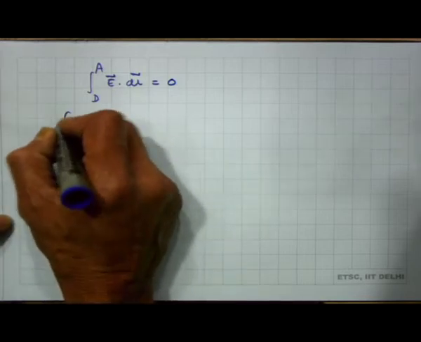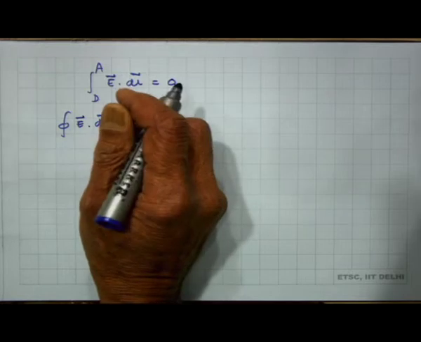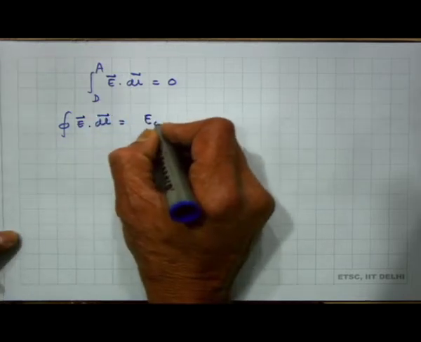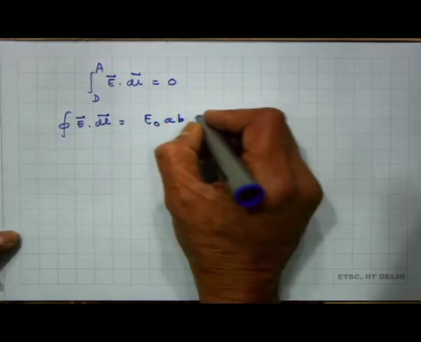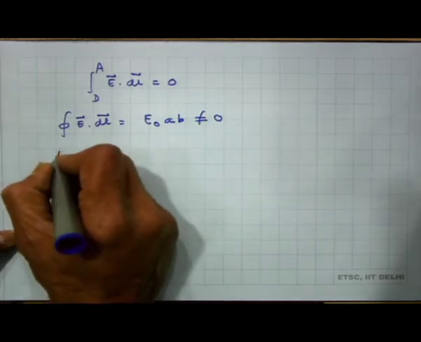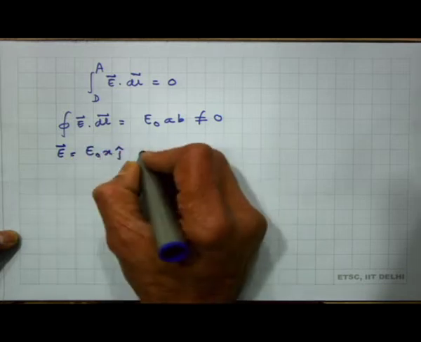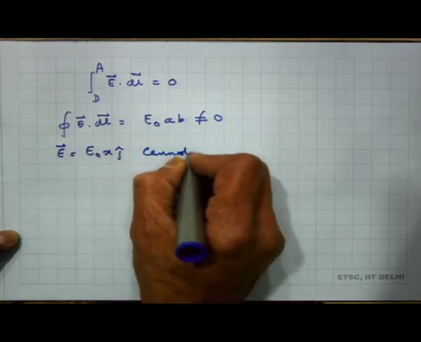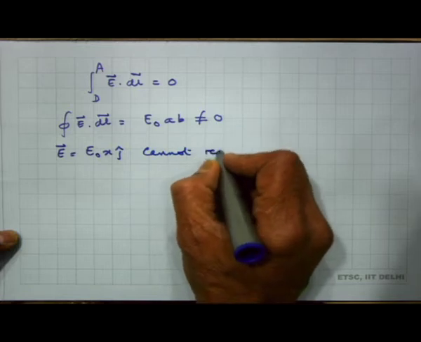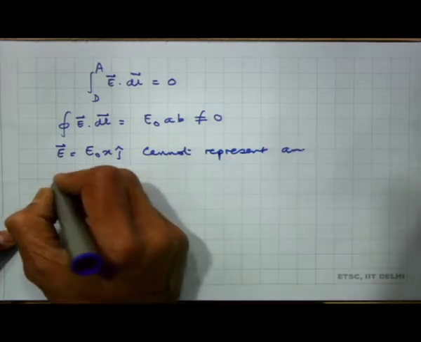So, what I have been able to show is that integral E dot dl for this vector field is nothing but E naught times a b, and this is not equal to 0. So, E equal to E naught x j cap cannot represent an electrostatic field.